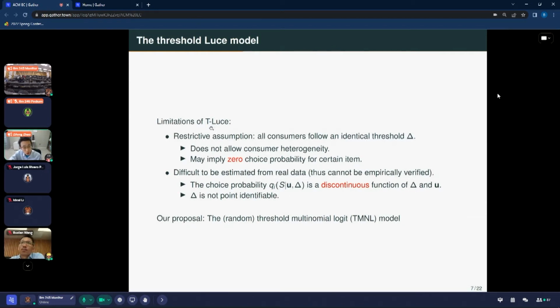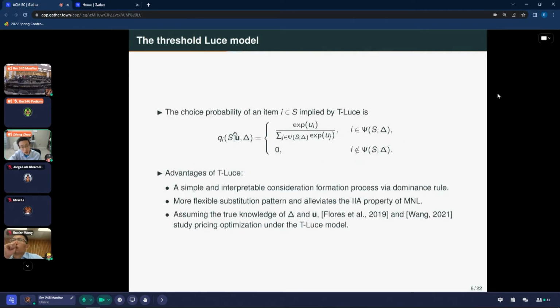And this may create some problems. Specifically, the T-loose model is very difficult to estimate from real data, right? Theoretically this is a nice model, but it cannot be empirically verified. The reason is that this choice probability, though quite simple, by simple algebra you'll find is a discrete function of delta and the nominal utility, right? Intuitively, it's because I have a jump: if an item falls out of the consideration set, its probability immediately becomes 0.